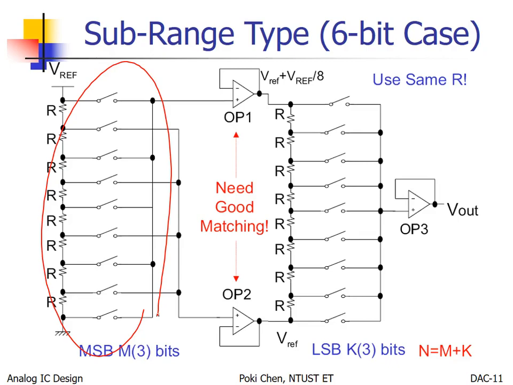For usual, I cannot say for stupid engineers, but for common engineers, not so talented engineers, you will see the R string will attach, for example, 0, 0, then the top, the bottom. If the MSB is 0, 0, 0, 1, they will shift to here, the top and the bottom, right?